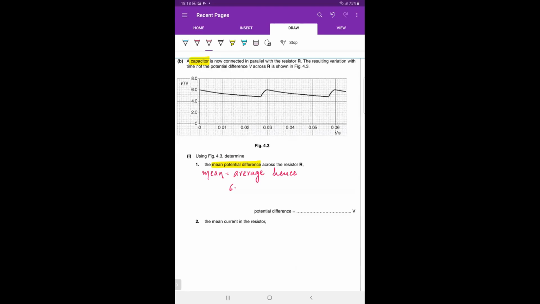I think the starting value is 6. Mean is average now. I think the lowest value is 4.8 if I'm not wrong. So average out करेंगे. So that turns out to be 5.6 volts.